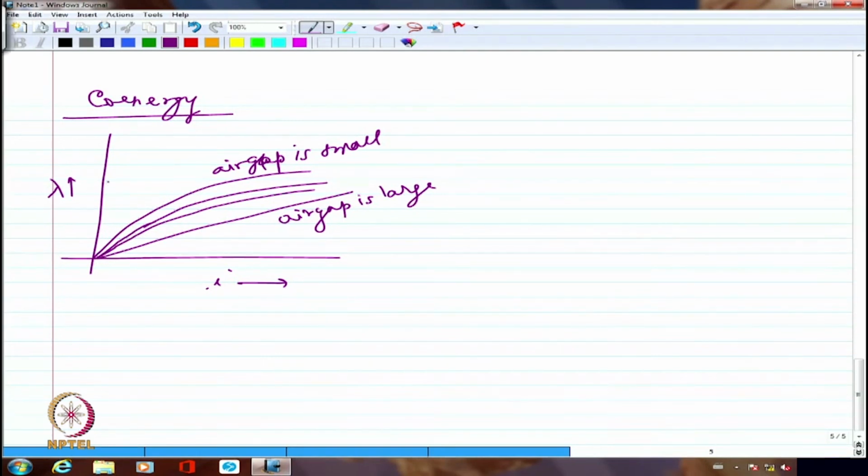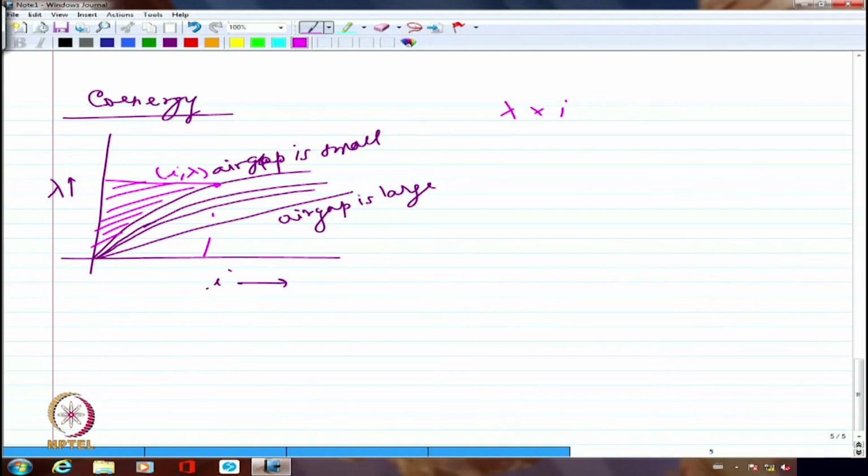Whatever I get as field energy, I am basically talking about this portion. For a given air gap, I call this portion the field energy. Whereas, whatever is left over, so if I say lambda times I, this is the point where I am going to write I comma lambda.